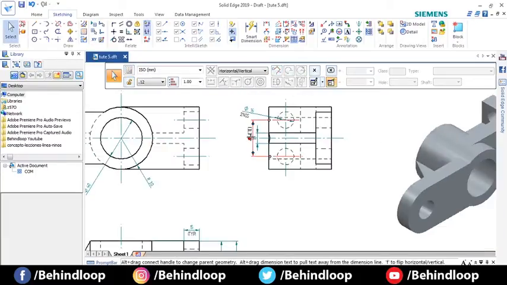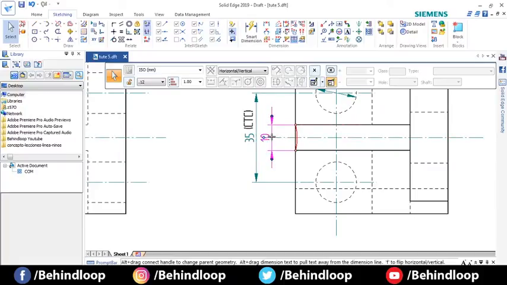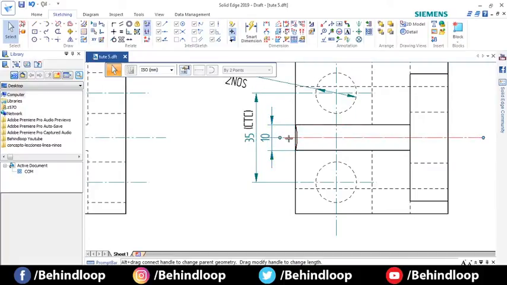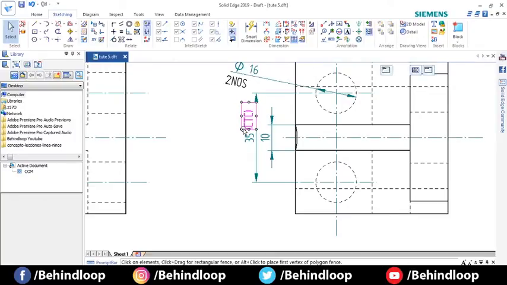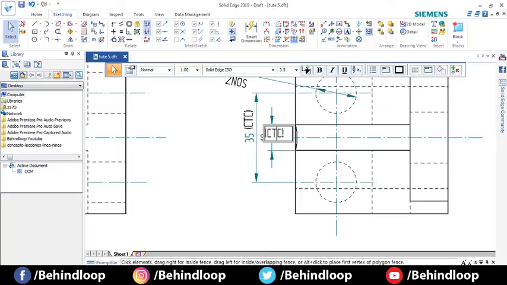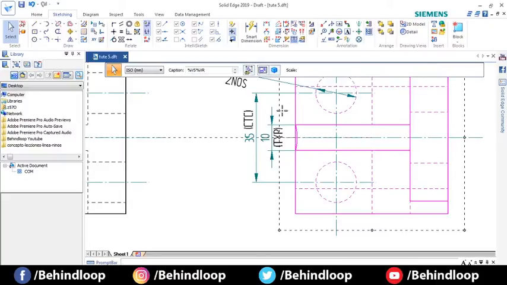Dimension for this rib will cover, that is from right hand side to left hand side, because when you give dimensions randomly without thinking of the production perspective, then you will miss out some dimension. So go from one direction only.